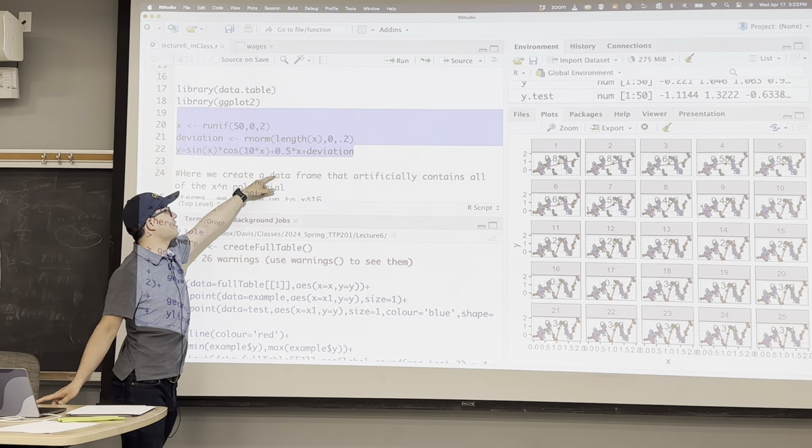And when I say predictive ability of your model on new data, really that just means the out-of-sample mean squared error.